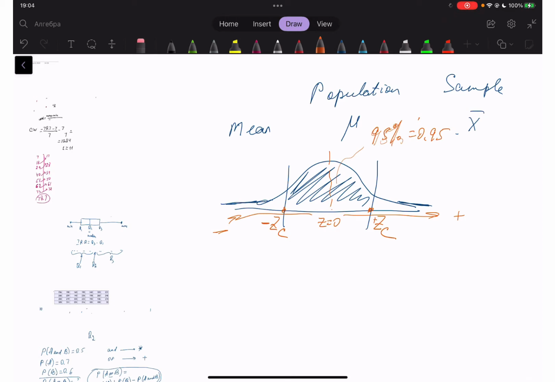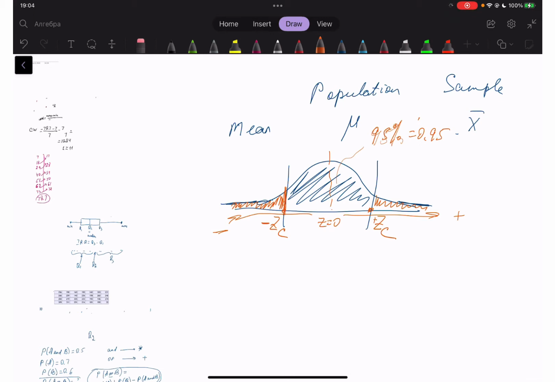Behind this Z critical, by the way, comes your margin of error. Error, we all know what it is. Margin of error means maximum of error. So this Z critical is like a gate between error and confidence interval.